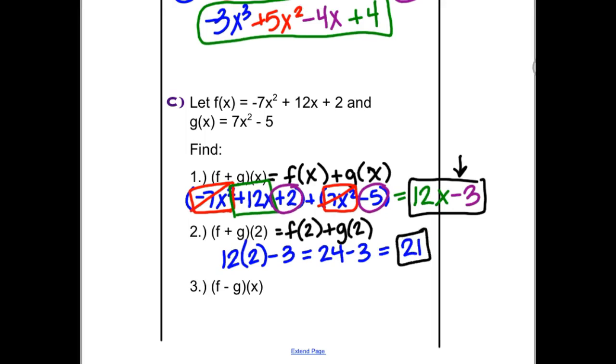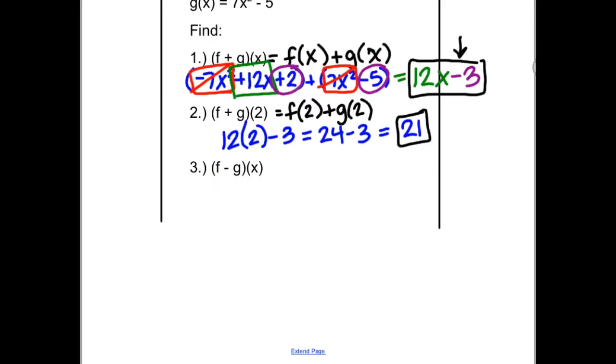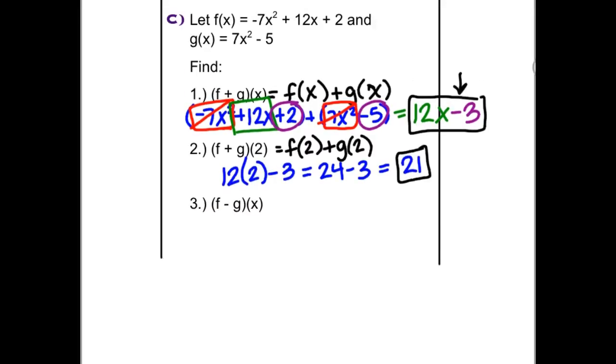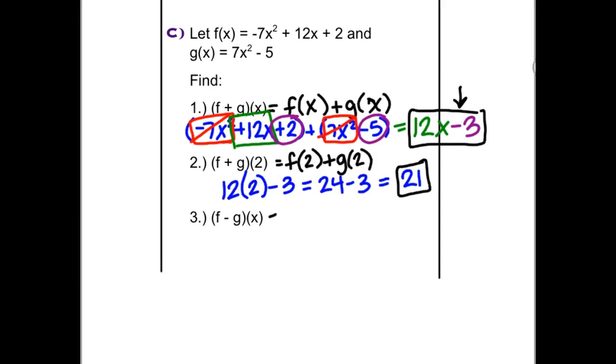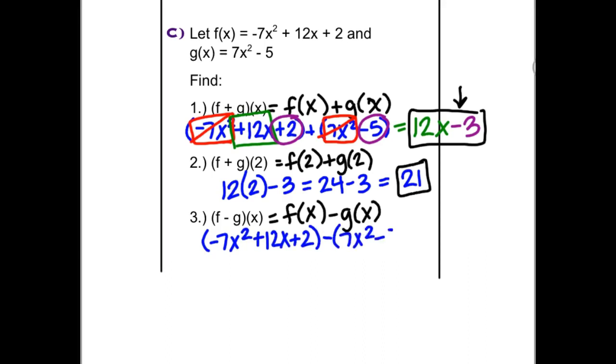And finally, we have f minus g of x. This really means f of x minus g of x. Remember, the first way is just a shortcut. You can write it either way. So then that means that I'm going to take f of x of negative 7x squared plus 12x plus 2, and I'm going to subtract the entire quantity of 7x squared minus 5.